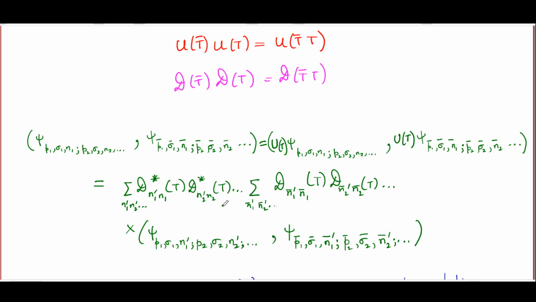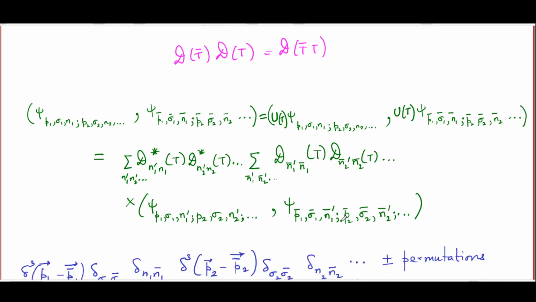Of course, there's a conjugation here because the inner product is antilinear in the first factor. Similarly, U of T acting on this state, p1 bar sigma1 bar n1 bar and so on, gives you curly D n1 bar prime n1 bar of T, curly D n2 bar prime n2 bar of T and so on. No conjugations here because the inner product is linear in the second factor.